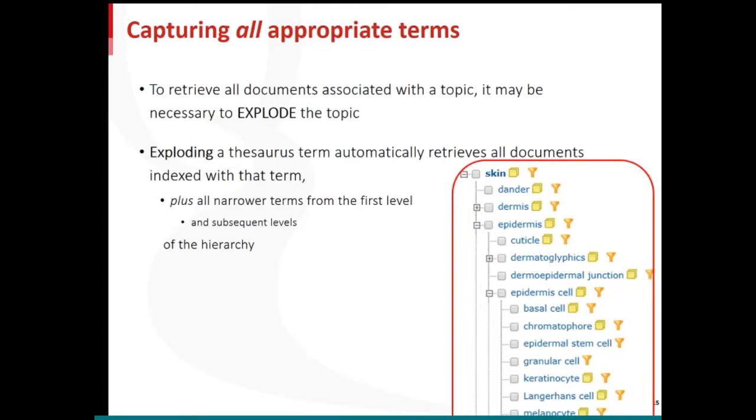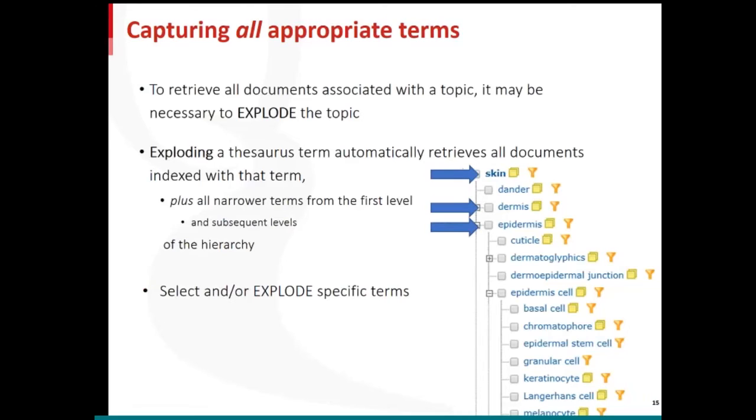So when I am exploding the term skin, I will pick up records that are indexed with dermis and epidermis, and underneath epidermis, cuticle, and there are narrower and narrower terms, but if I explode that term, I will get everything having to do with all those narrower terms for that subject. So this is going to be a very powerful tool to be able to gather all that information without having to write out a whole lot of synonyms.